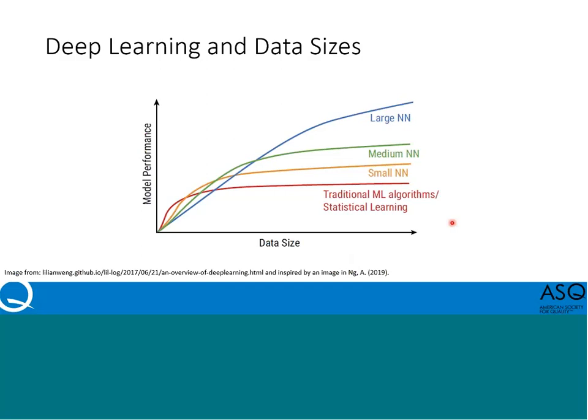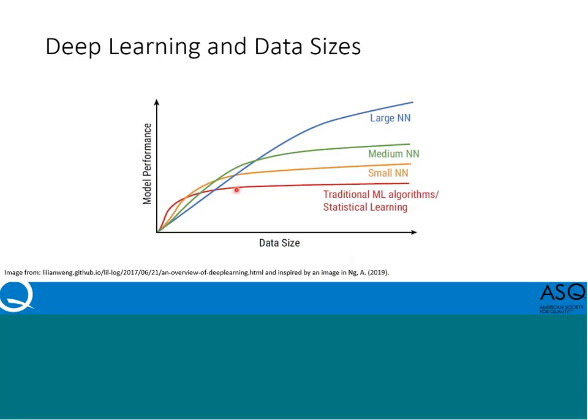For deep learning to work, you also need enough data. So on small data sizes, you have traditional machine learning and statistical learning algorithms. You can think regression and maybe some trees here. For small data, these tend to work pretty well. There's just not a lot of data for some of these neural networks to work.